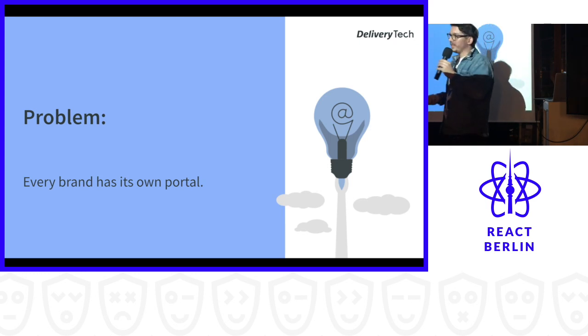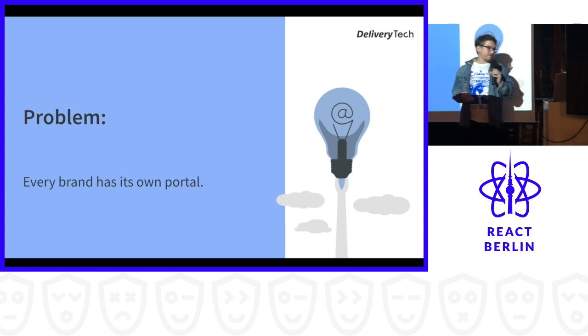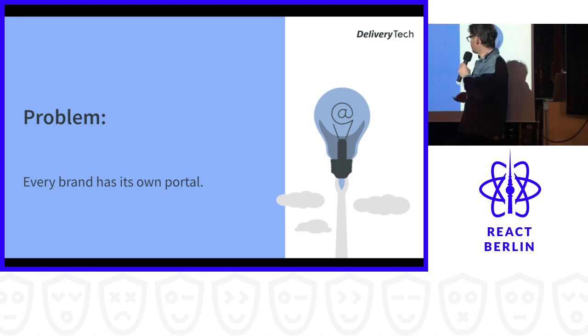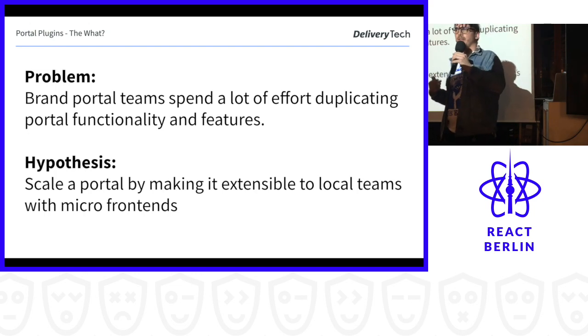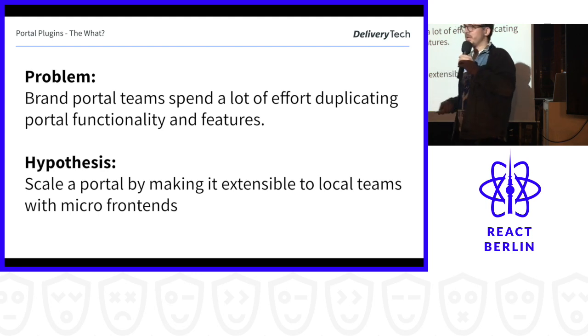So, like I said, we have all these brands, and each brand had, or still has, their own portal of some sort. That creates a problem because multiple brands with multiple portals are basically building the same features over and over again, which takes effort and time, which you could reduce by having one portal that is customizable to the needs of these brands.